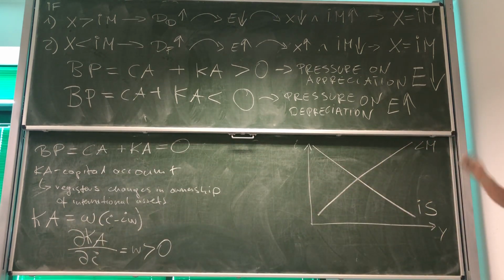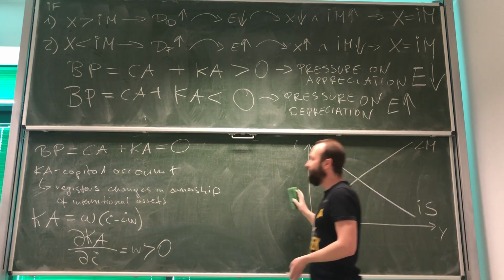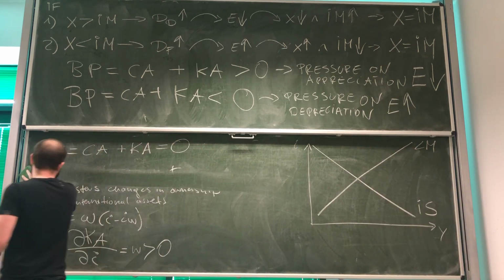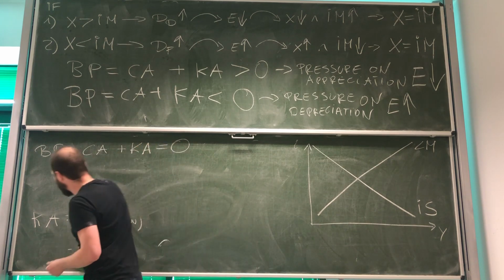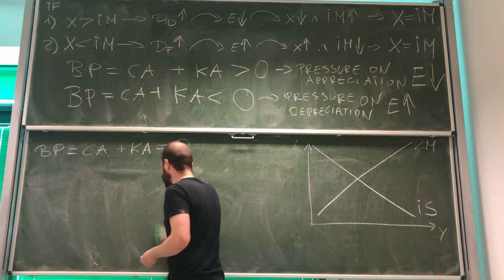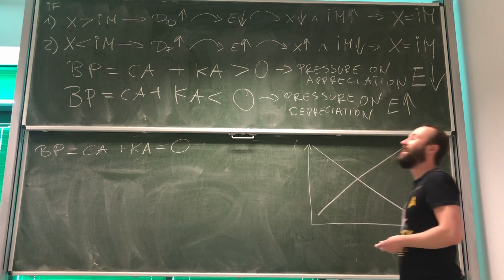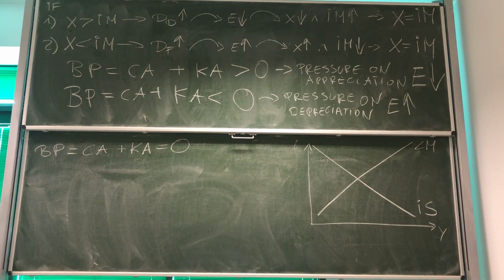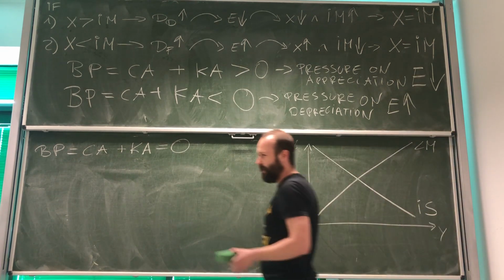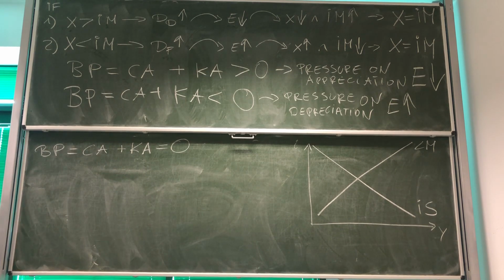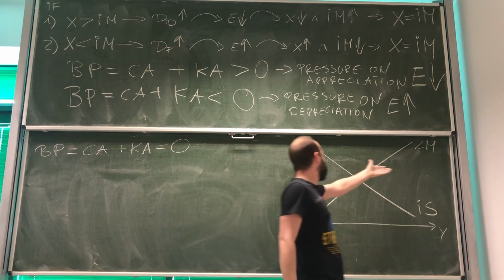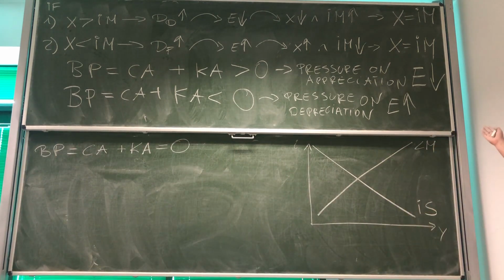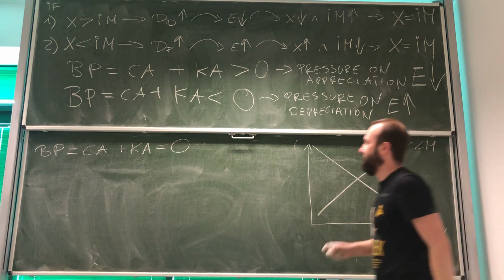And only then, if BP is equal to 0, are we going to have a situation when the exchange rate market is in equilibrium, and we will get the equilibrium exchange rate. Okay, so finally, let's derive the BP curve and let's see what the slope of this BP curve is.